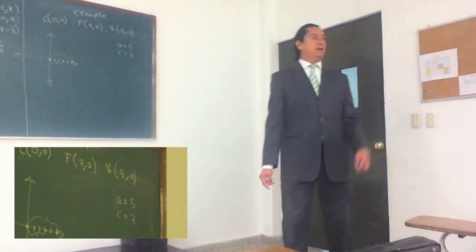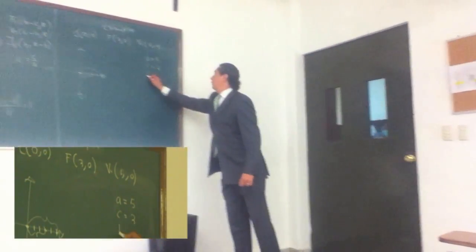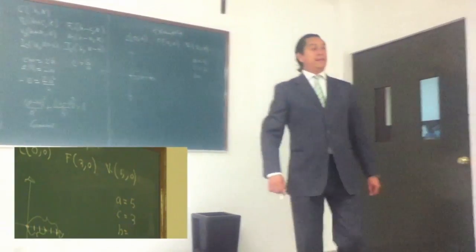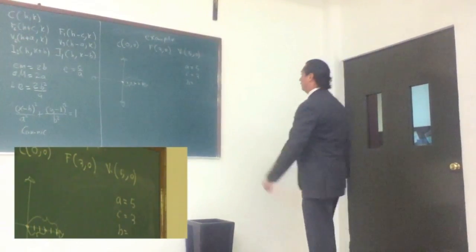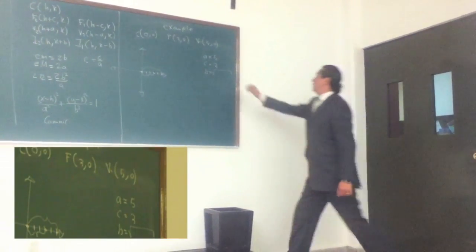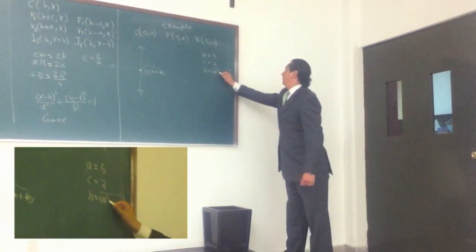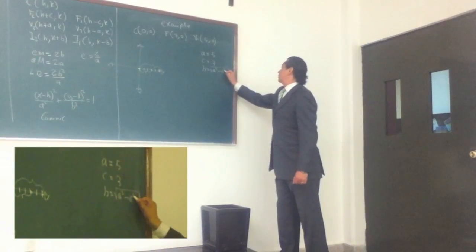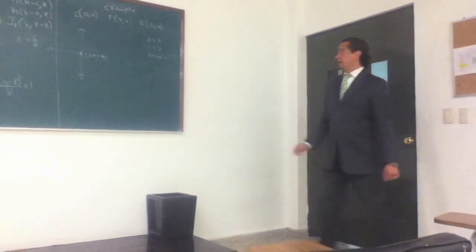To find b, we need to use the next formula. b is the square root of a squared minus c squared. Okay?